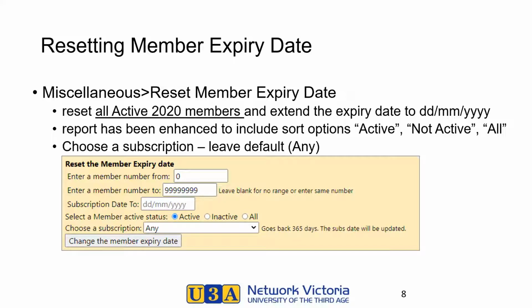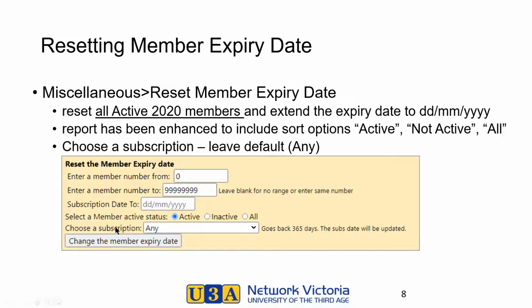The report has been enhanced so that we've now got active, inactive, and all. In this particular case, you're going to select active. Now, my recommendation is that in the choose a subscription, you choose any. It's been tested and we worked it out.